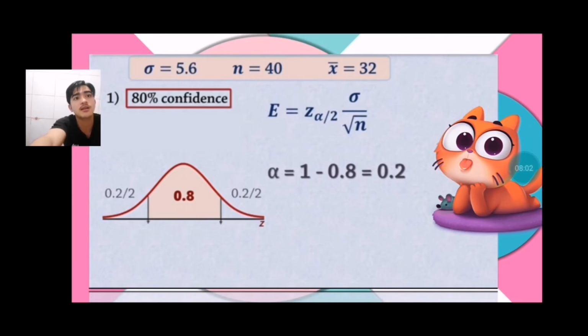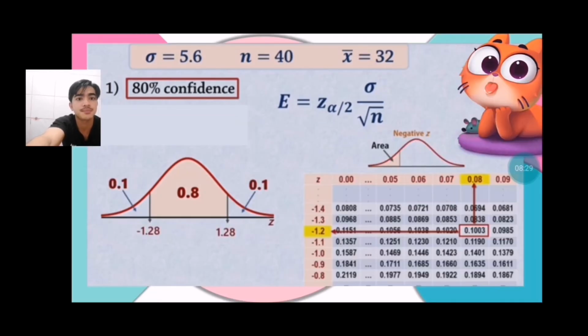For the 80% confidence level, alpha is equal to 1 minus 0.8, which is 0.2. Alpha is divided by 2, so we get 0.1 in each tail.